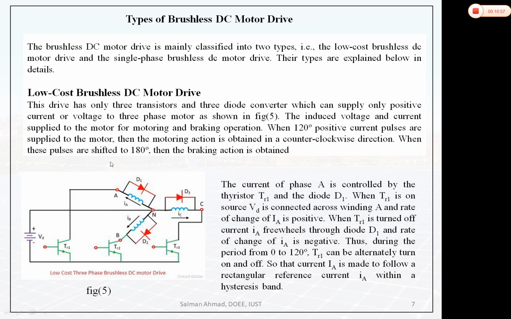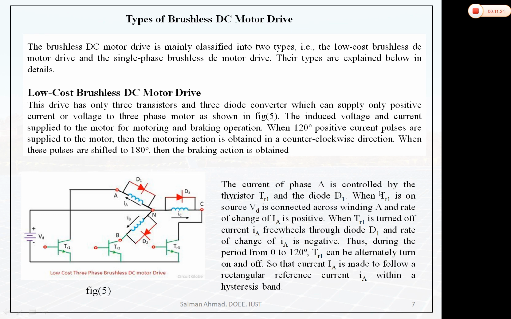Rather, whenever this is off, this diode will short circuit the winding and the voltage across this winding will be zero.